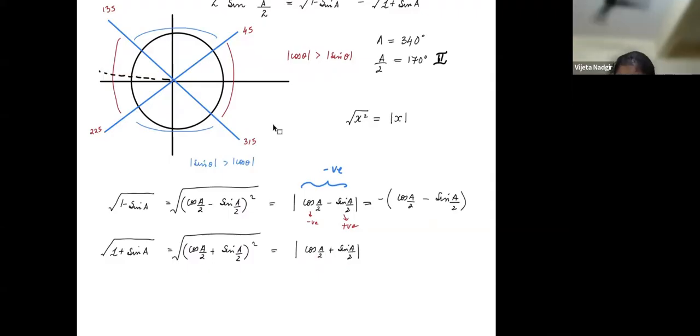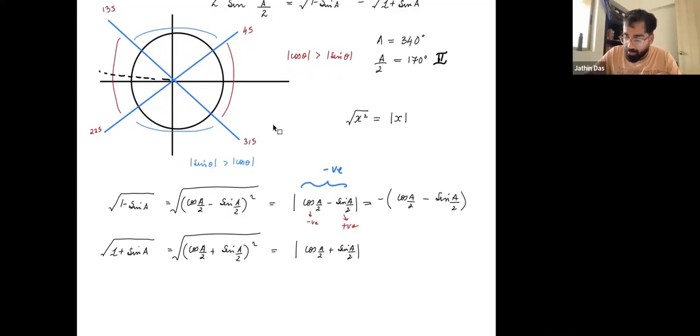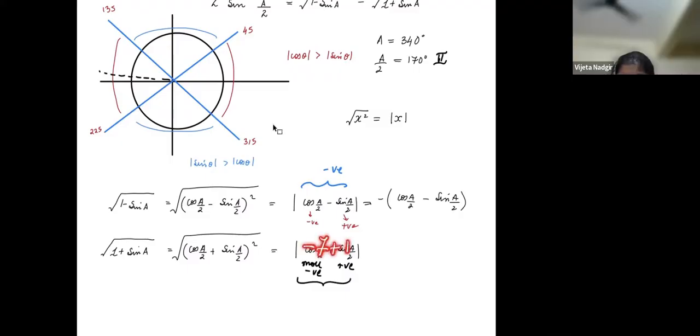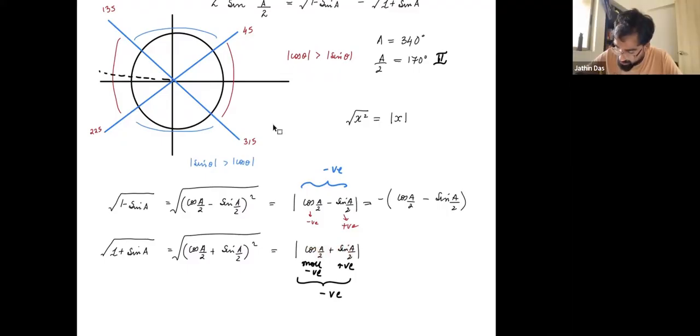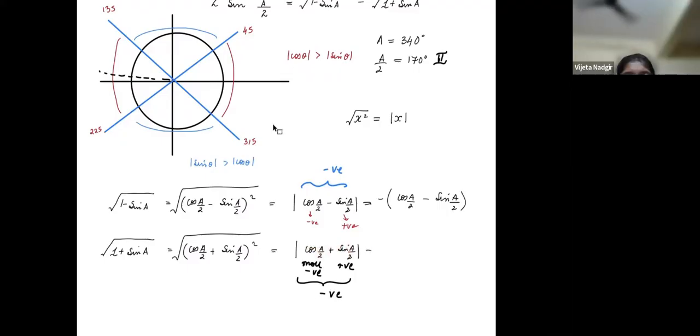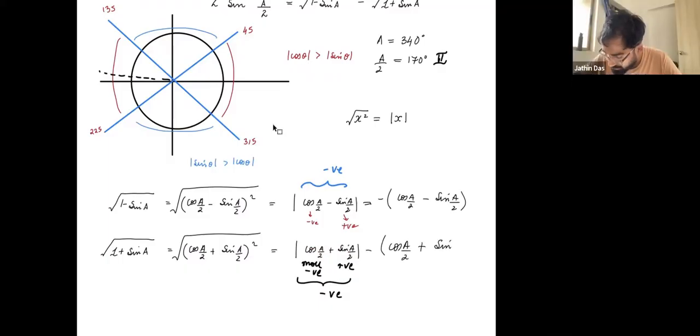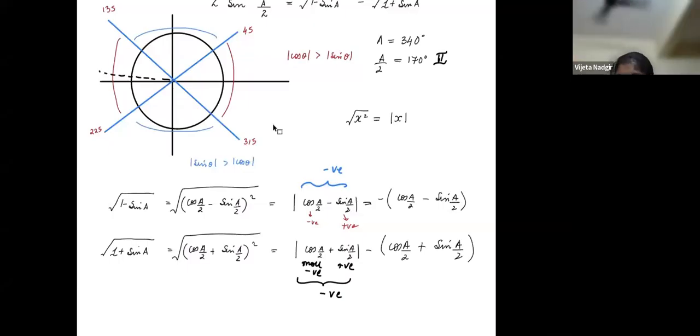So what will happen to the inside value, because this is more negative and this is positive? The inner value will be more negative. So it will be minus cos A by 2 plus sin A by 2. Is this clear? Yeah. If you remember this diagram, very good, direct.